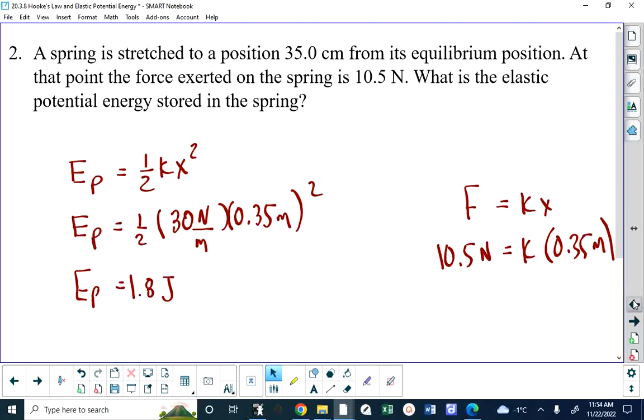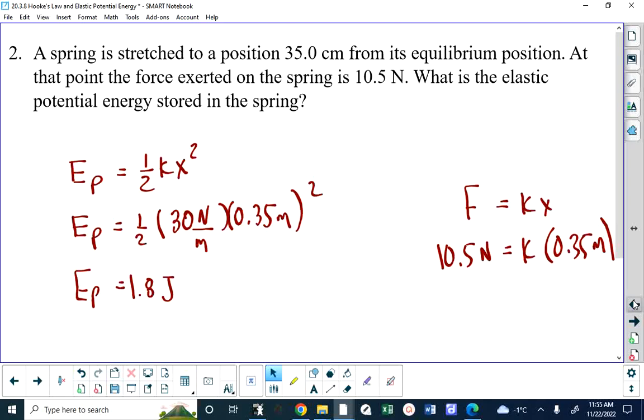Alex? Say that again. I didn't catch the first part. Right. That 10.5 newtons is not the applied force for the whole time.